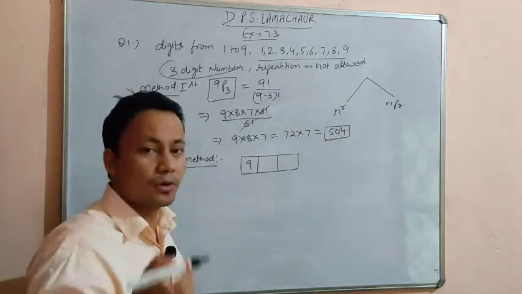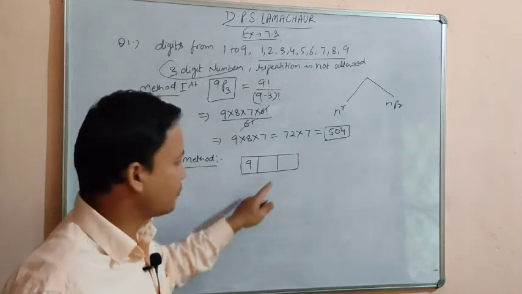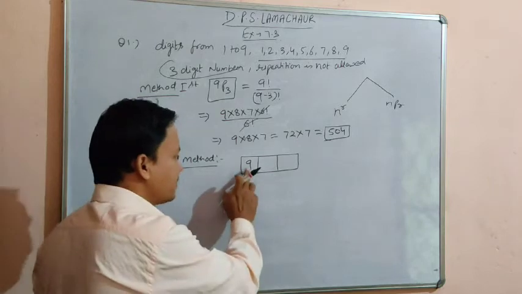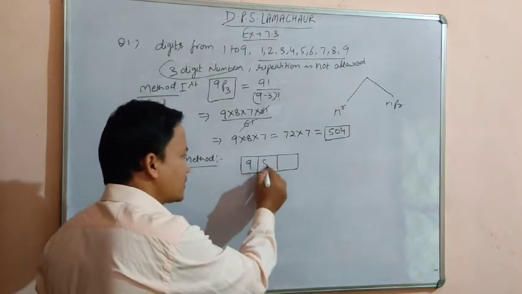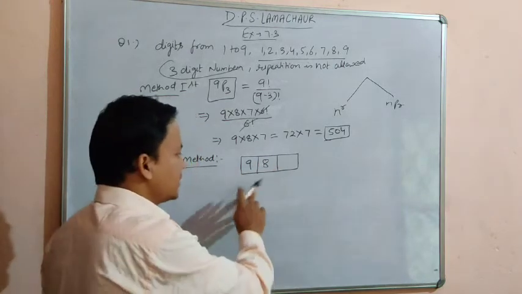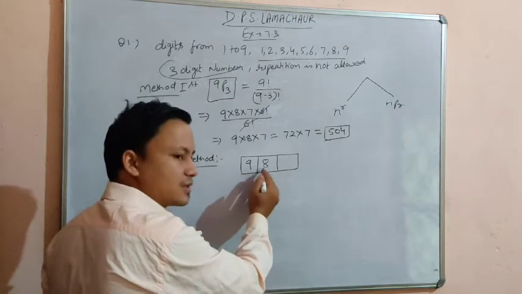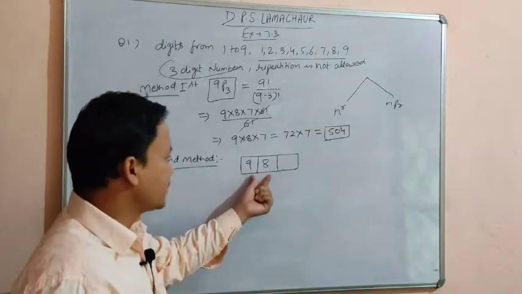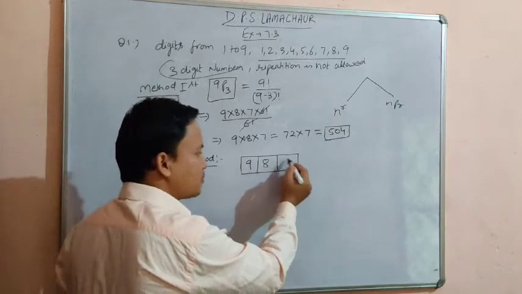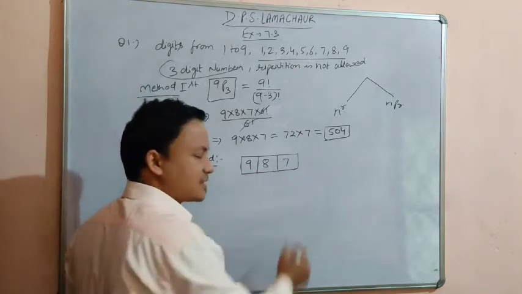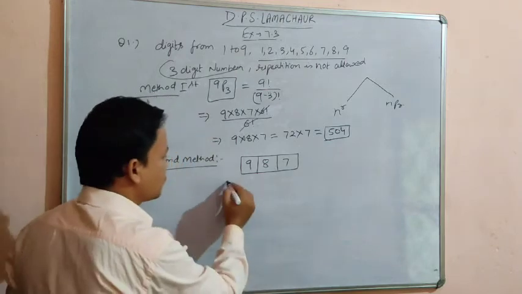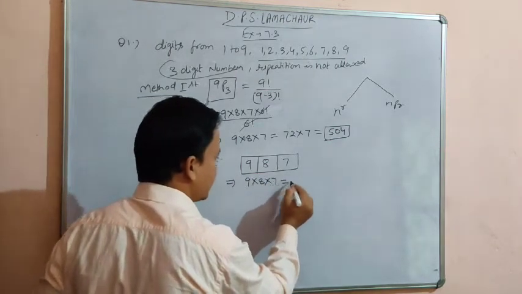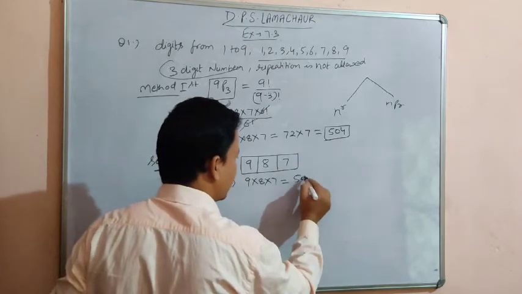Since repetition is not allowed, one option is less for the second box, because one number is fixed here. So you have only 8 options to fill the second box, and since 2 numbers are fixed in 2 boxes, 2 options are already reduced. So what will be the number of options to fill this box? There are 7 options. So the total number of permutations is 9 into 8 into 7, that is 504.